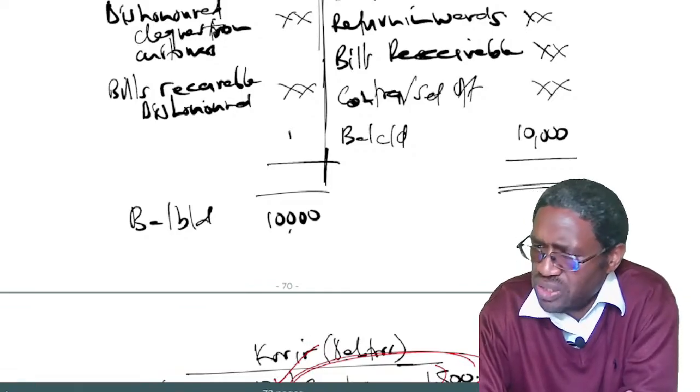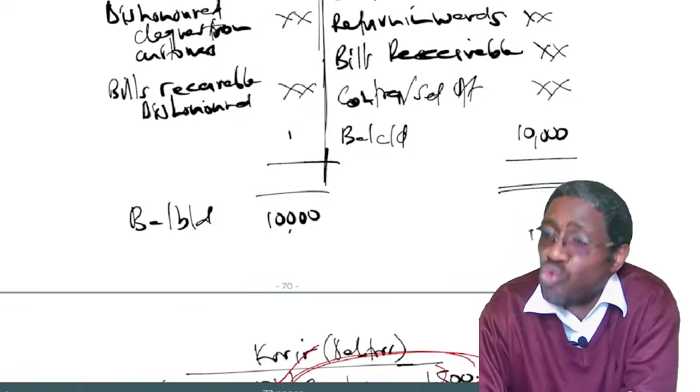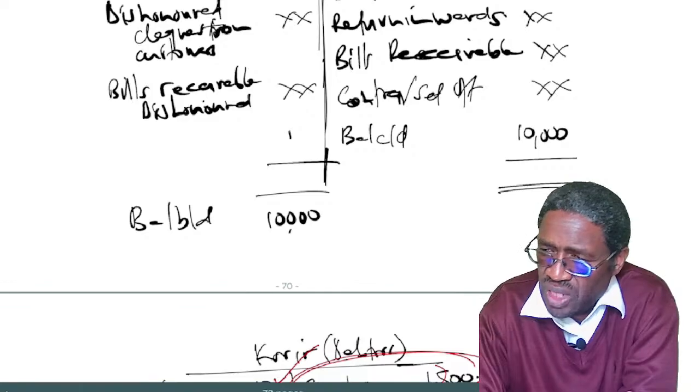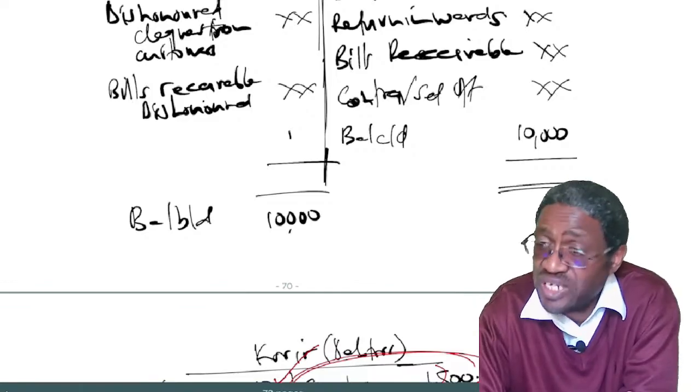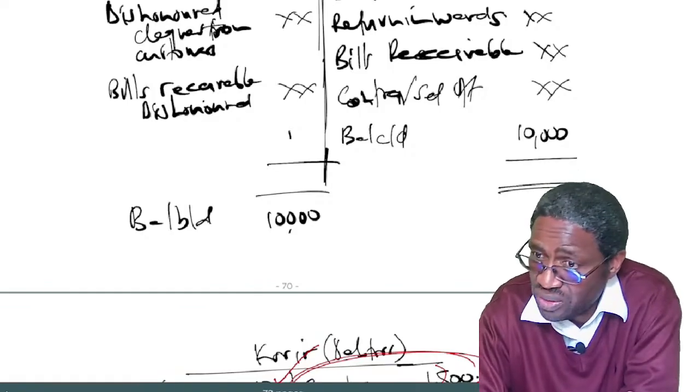But the point is this. Come the end of the year, you could not have brought down the balance on the debit side without first carrying it down.